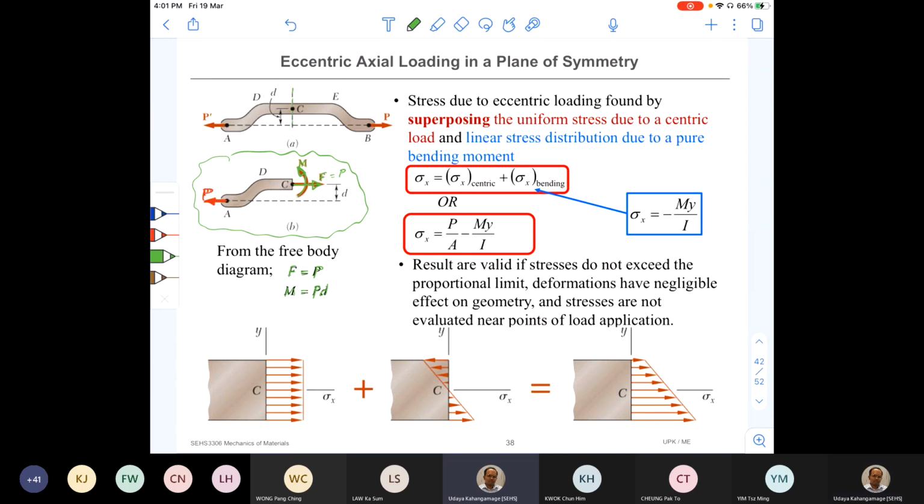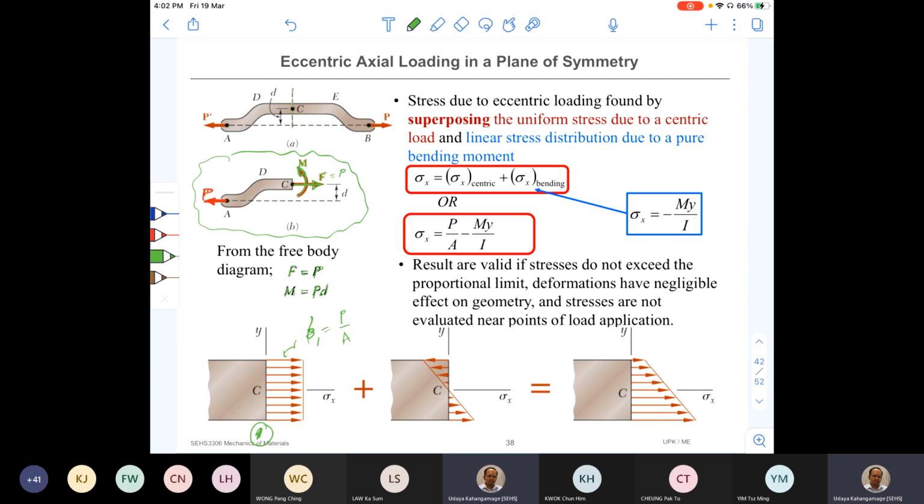Okay, right. Now, once we apply the normal force P, we know that there is going to be a uniformly distributed stress, right? So that is what I have marked here as, let's say, 1. So this stress, sigma 1, should be equal to P over A, right?